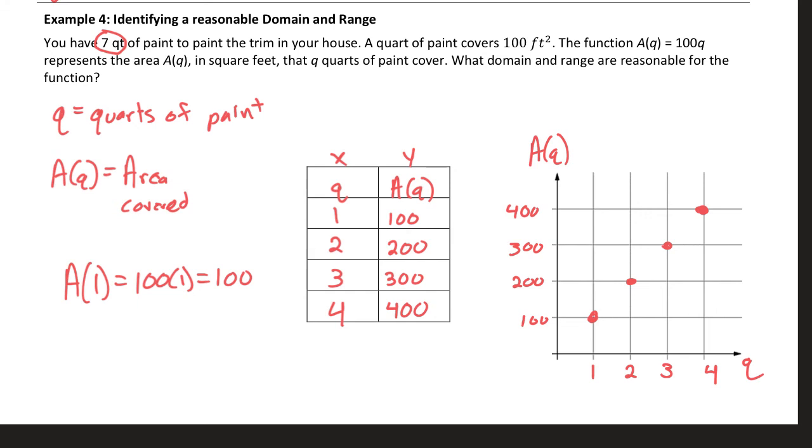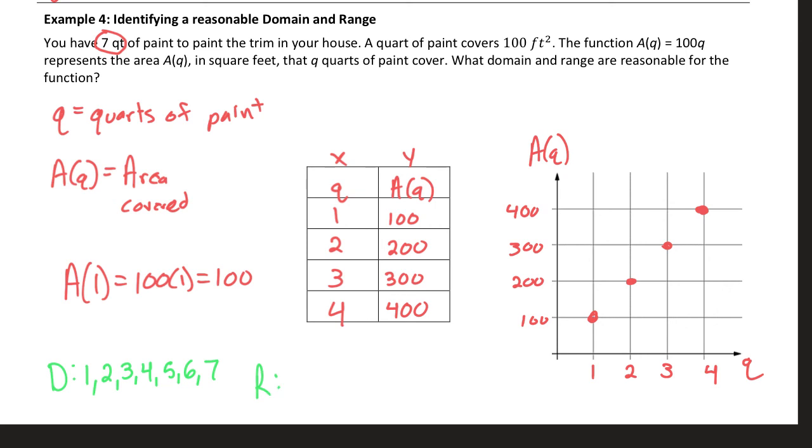I know I didn't go out to 7 quarts, but we can talk about that. This graph is going to be discrete because we have whole quarts of paint, all right? Now, the idea is that we can use quarts of paint ranging from 1, 2, 3, 4, 5, 6, 7. It's got to be a list that ends at 7 because we only have 7 quarts.